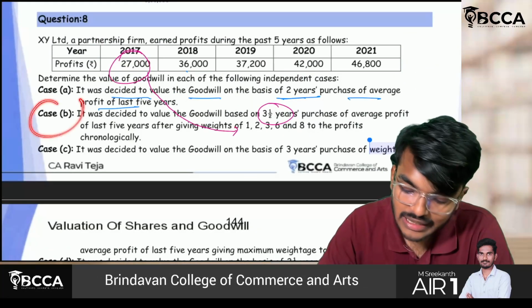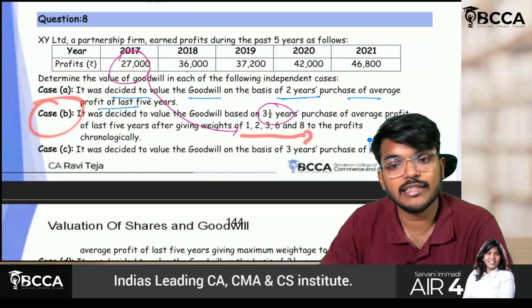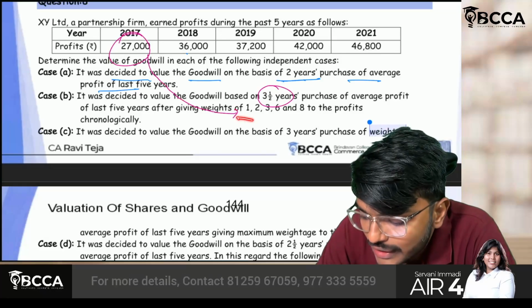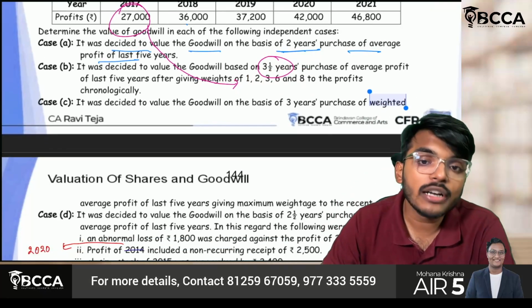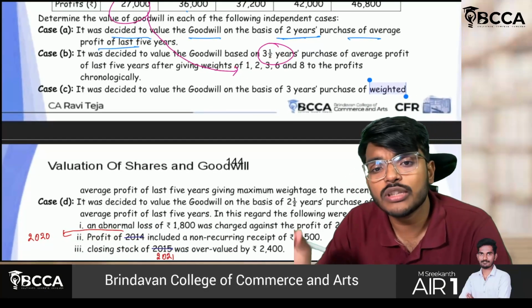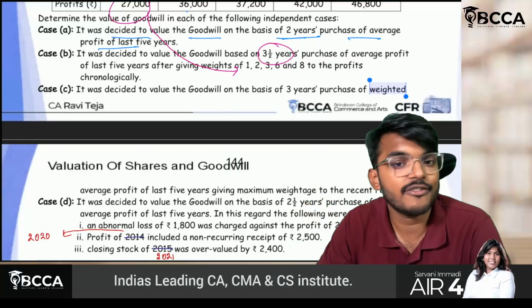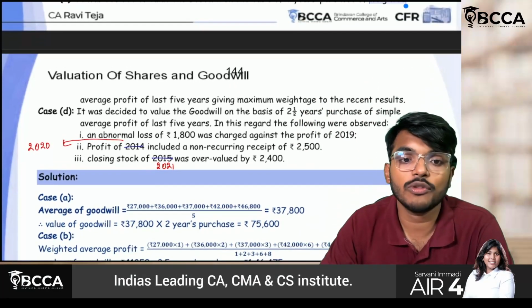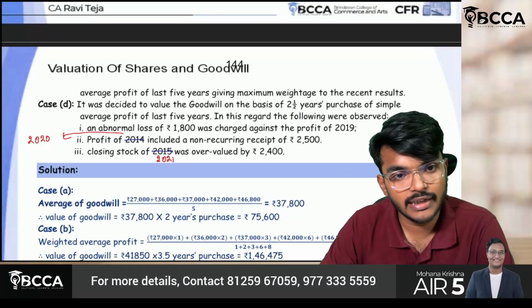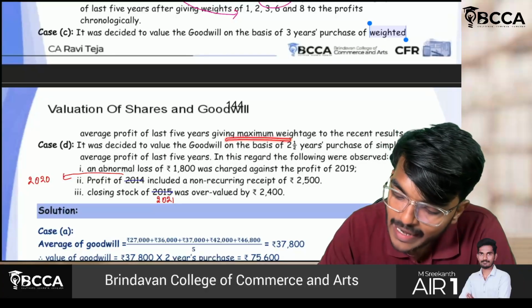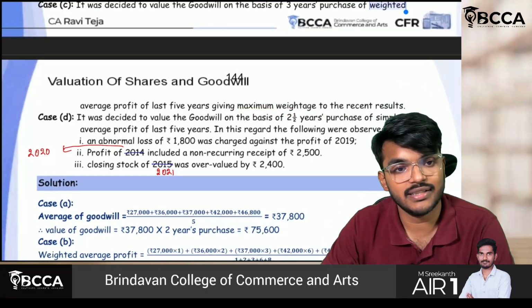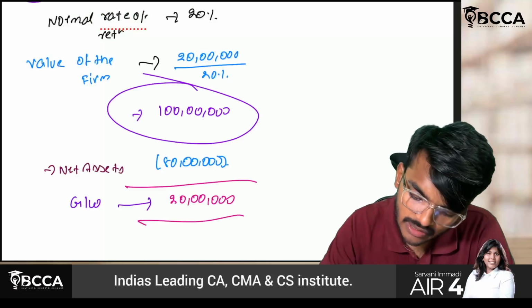If you observe case B, they have directly given the weights. If they have not given the weights, you have to give 1, 2, 3, 4, 5 as weights. As I have said, the recent year you have to give the highest weight. They also mentioned maximum weightage to the recent results. So we can calculate that part also.